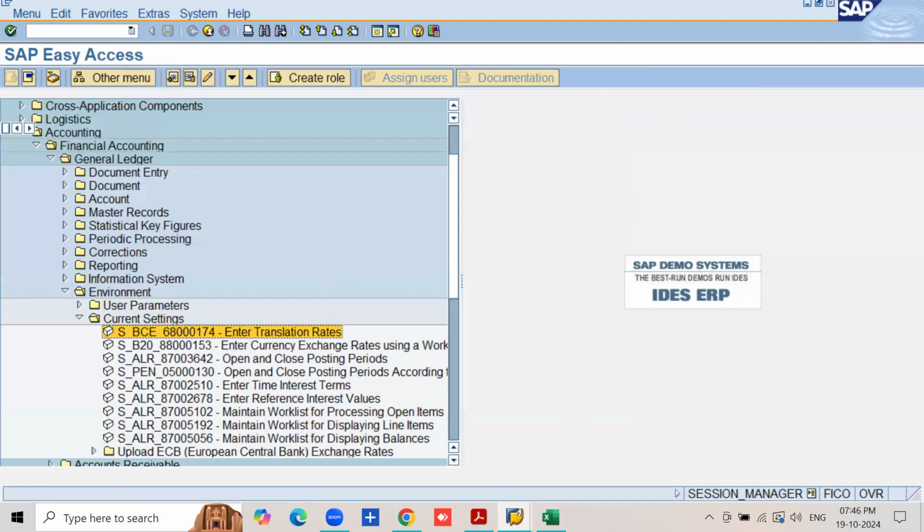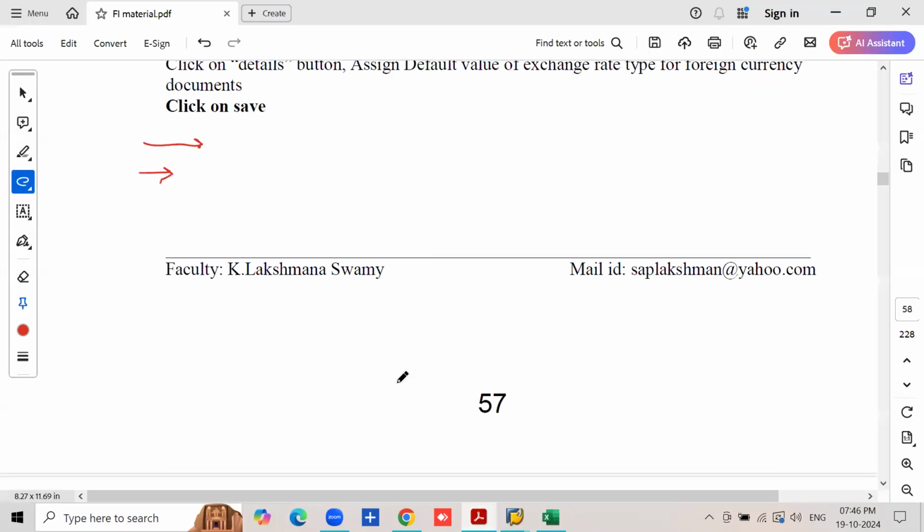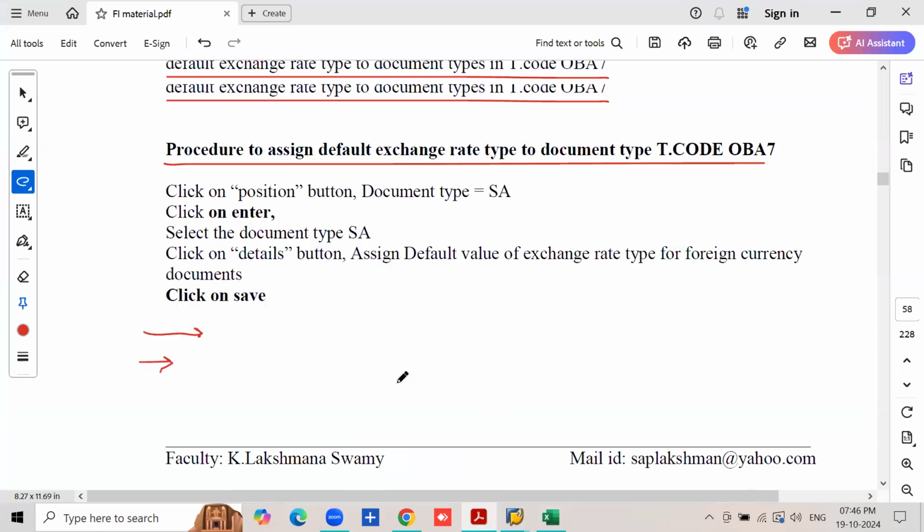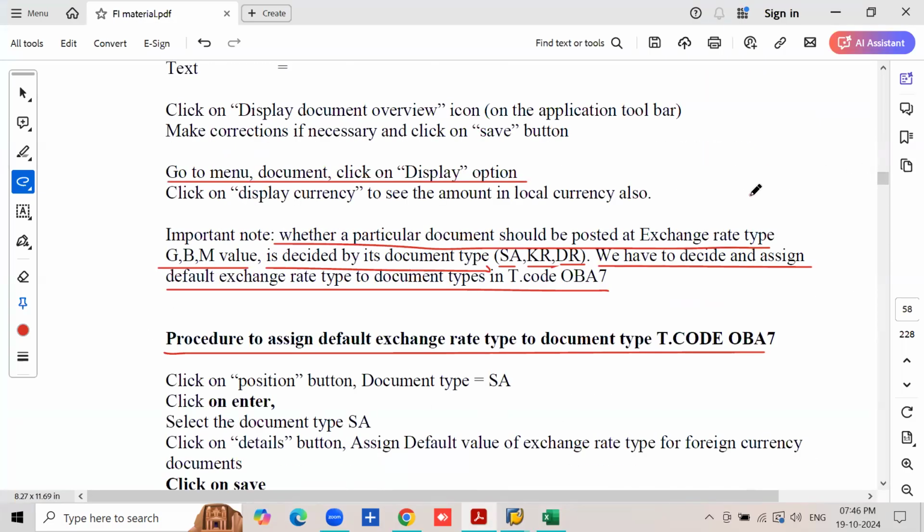Now, there are other methods also to enter the exchange rates, right? Go back to notes, please. Put heading. Heading is conversion of foreign currency transactions.